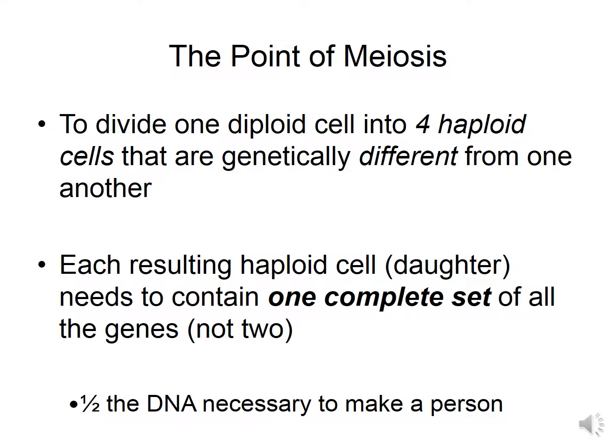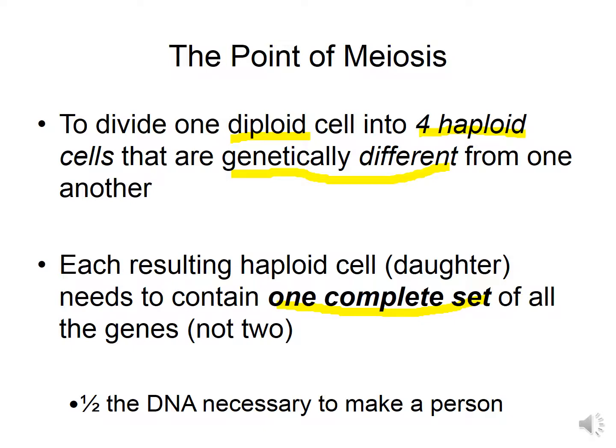Now, before we proceed, I want you to remember that the point of meiosis is to take one diploid cell and divide it into 4 haploid cells, and that these cells are going to be different from one another. This means that each haploid cell has one complete set of chromosomes instead of 2.